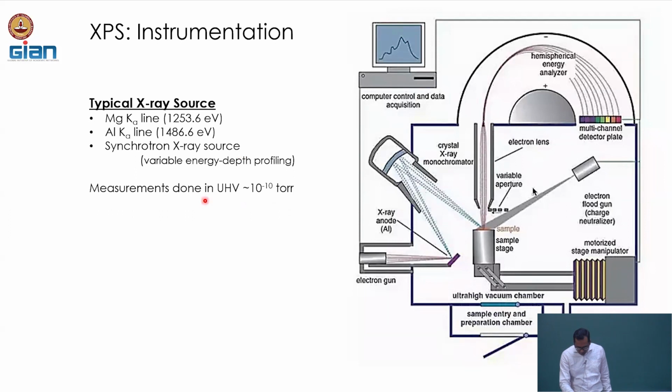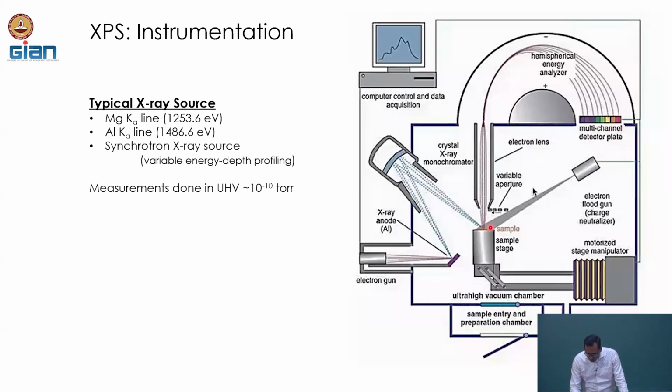Some of the things in this diagram: we have the X-rays generated, and there are X-ray monochromators which radiate the sample, and then the photoelectrons emitted from the sample go through the hemispherical energy analyzer, and just like I said before, you have a positive and negative potential applied, and depending on the velocity at which these photoelectrons are ejected, they will be put on these detector plates. Okay.